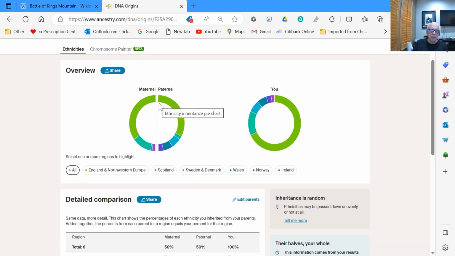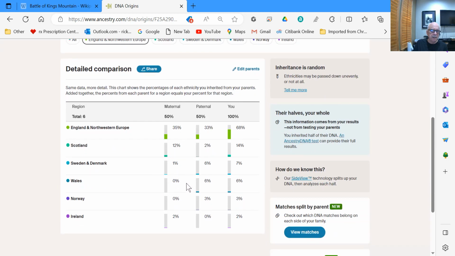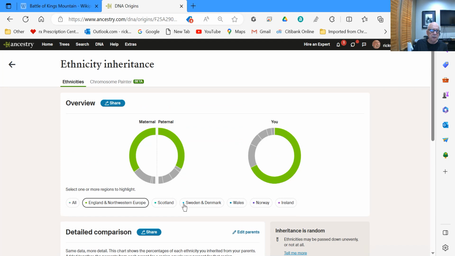If you look at my mother compared to me, you're going to see what portion that I basically got from my mother. And if I click on my father's side, you can see that his makeup is totally different.